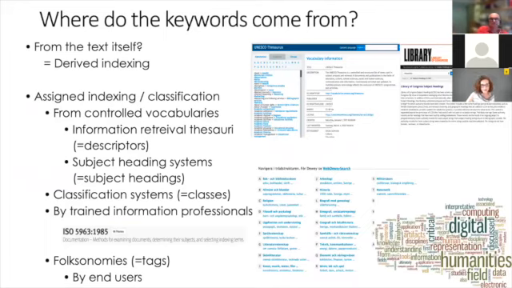Just to clarify this a bit more, if the keywords or terms come from the text itself, that's known as derived indexing. If, on the other hand, they come from controlled vocabularies like thesauri, subject heading systems, or even classification systems, that's assigned indexing.